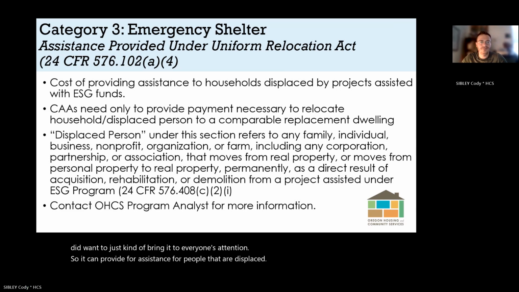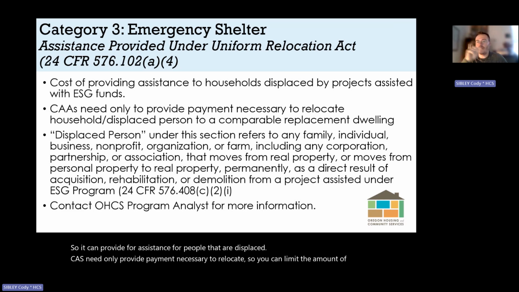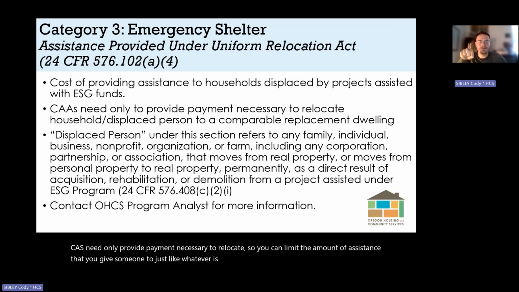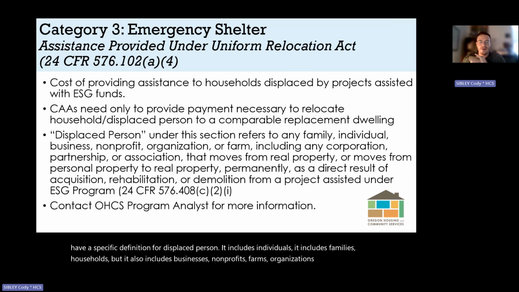CAAs need only provide payment necessary to relocate. So you can limit the amount of assistance that you give someone to just whatever's necessary to help relocate them. And then they have a specific definition for displaced person. It includes individuals, it includes families, households, but it also includes businesses, nonprofits, farms, organizations, corporations, anything of that matter.